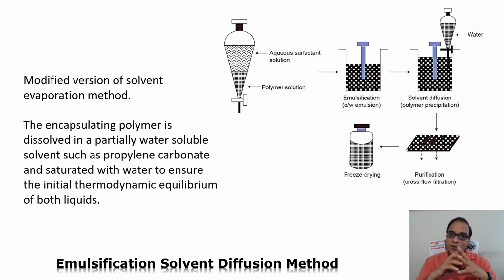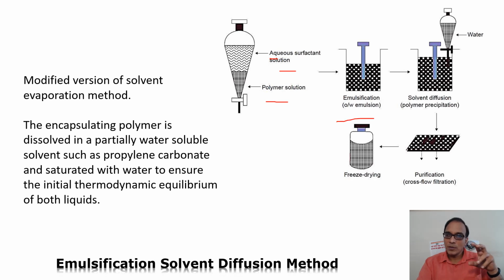Now the modified version of the solvent evaporation method is ESD, the emulsification solvent diffusion method. In this method, the encapsulated polymer is dissolved. The aqueous surfactant solution and the polymer solution are taken and put together. They are dissolved in a partially water soluble solvent such as propylene carbonate and saturated with water, to ensure the initial thermodynamic equilibrium of both the liquids.